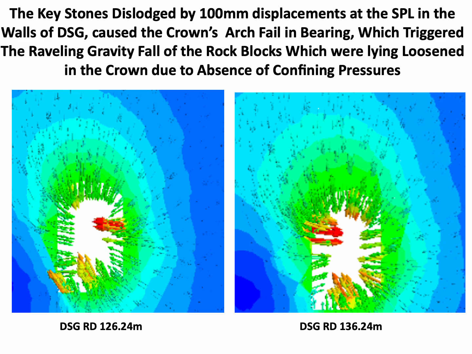The displacements at the SPL level in both the walls of Downstream Surge Gallery had attained a value of 100 millimeter, which caused rock blocks at the bearing level of the crown to get dislodged and thus made the crown fail in its bearing.